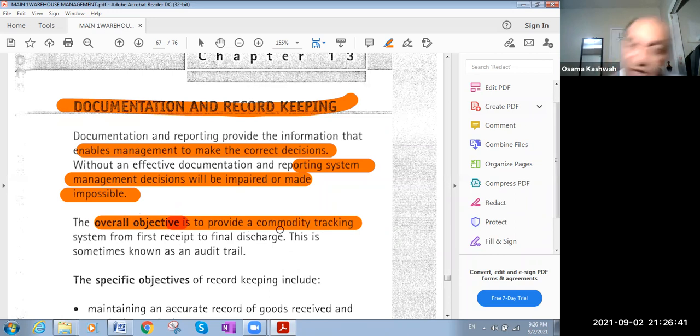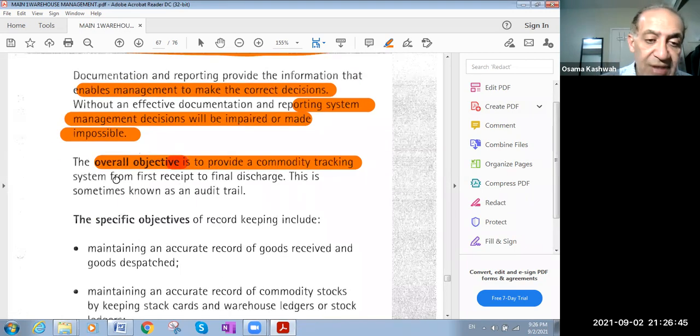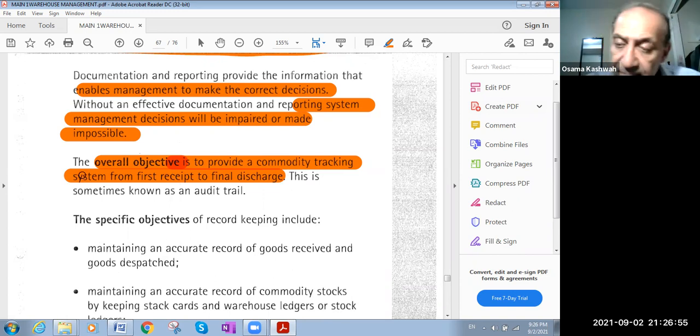So we want to make sure that everything is fine and everything is done in its own place. The system runs from first receipt to the final discharge. This is tracking from receiving the goods into the warehouse until the moment it is used, when it goes out of the stack or the order.